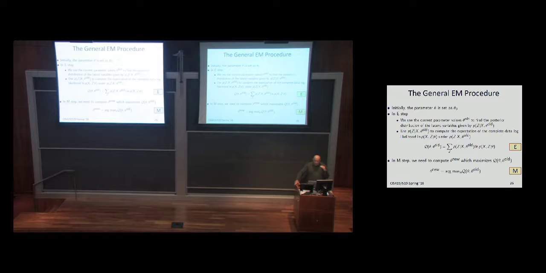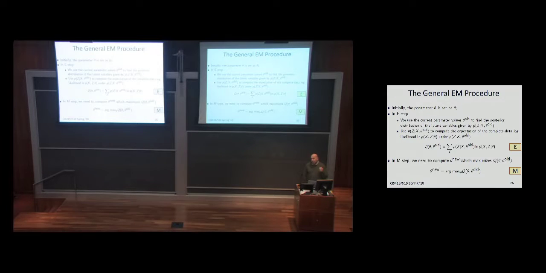So what is the general EM procedure? We're going to run another example here in a few minutes, so it will further clarify it. So I'm guessing parameters. Let's call it theta 0. In the E step, I'm using the current parameters to find the posterior distribution of the latent variable. What does that mean?